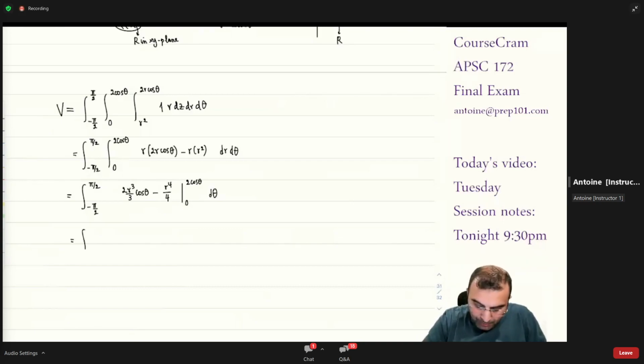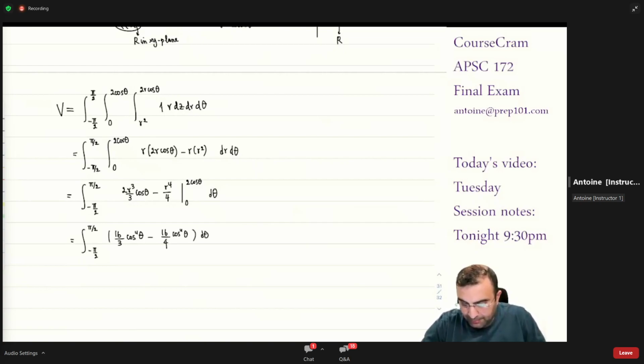When I put r equal to 2 cos theta, that would be 8, so 16 over 3 cosine to the 4 theta minus 16 over 4 cosine to the 4 theta d theta.